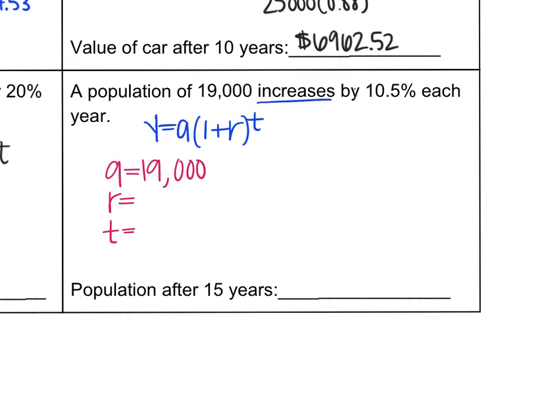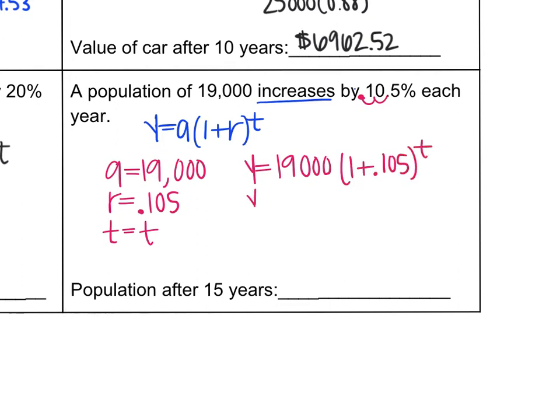R is 10.5%. Don't forget you still have to move the decimal, so that's 0.105. And T will be T. So my equation will be 19,000 times 1 plus 0.105 to the T power. So that's 19,000 times 1.105 to the T power.